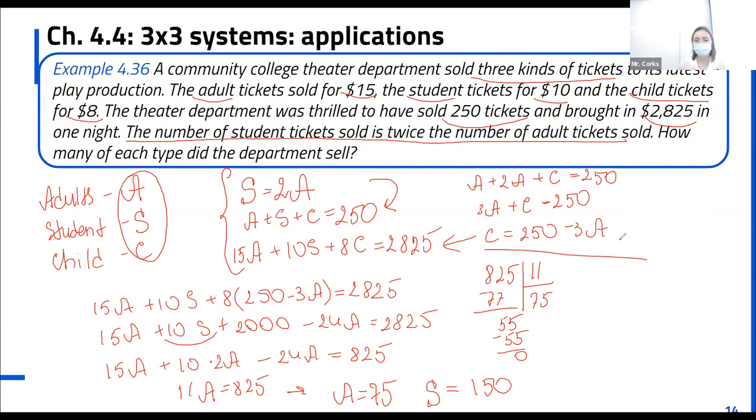And we can input our value of adult tickets into this equation. So we have 250 minus 75, minus 150, equals 25.